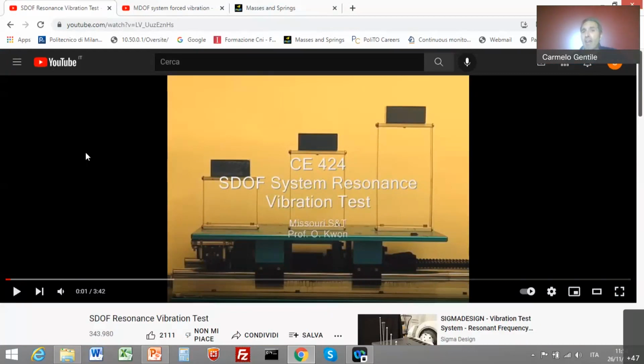Because generally an earthquake has a waveform, and the waveform basically has a clear frequency content.